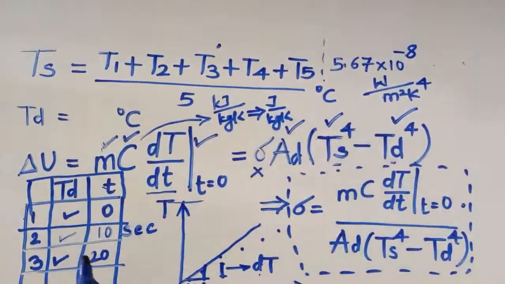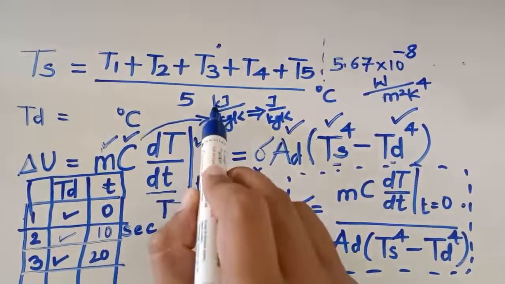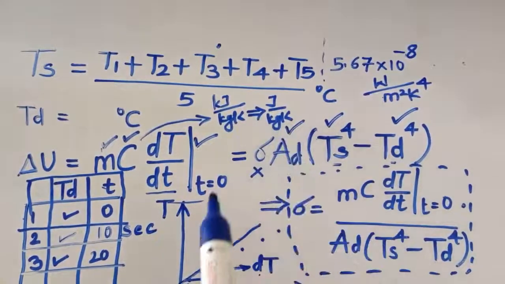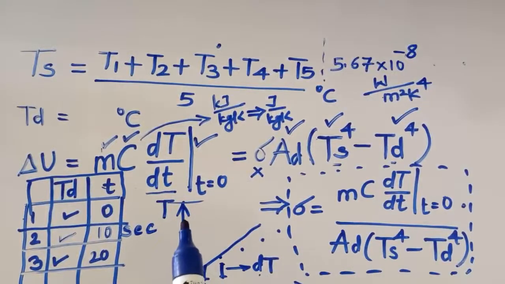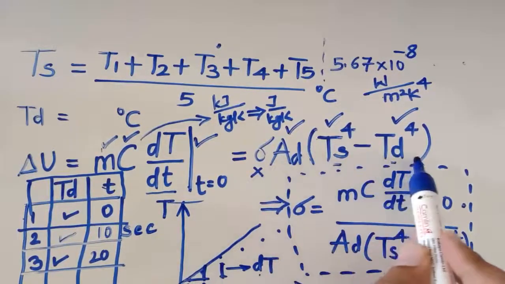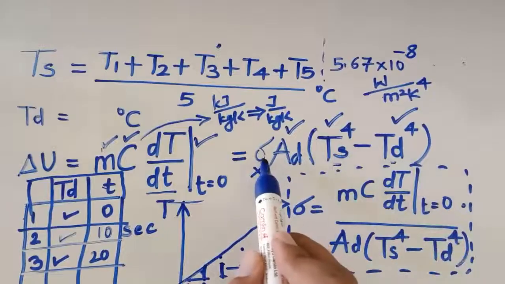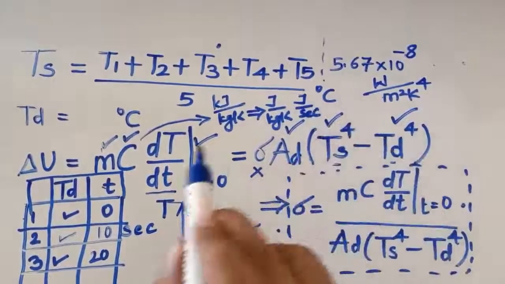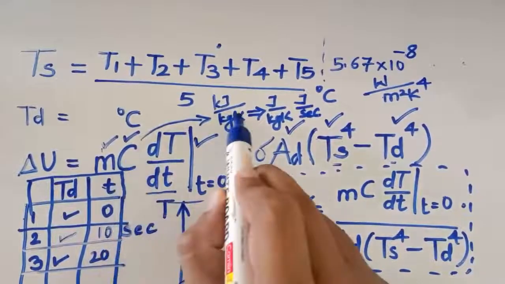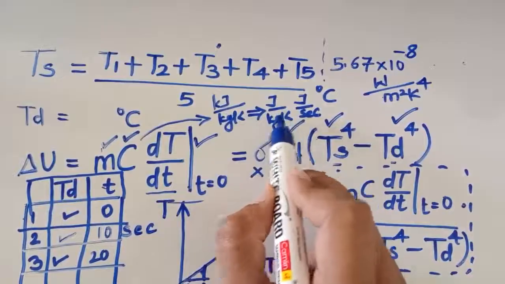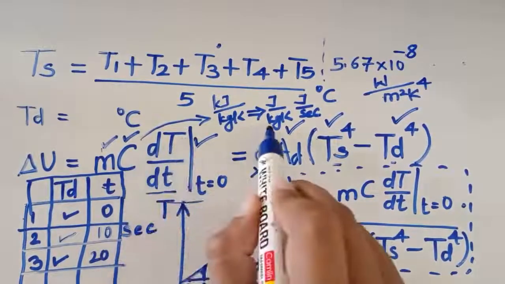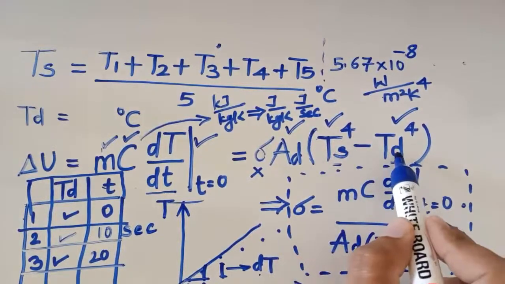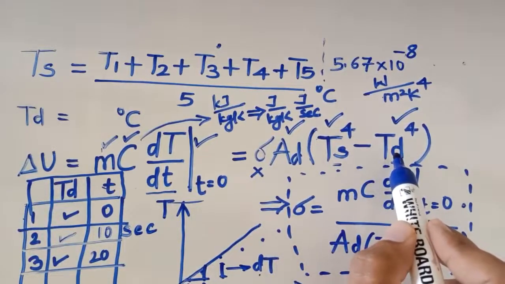It is very necessary. In general, in thermodynamics, we use kilojoule. Here we have to use joule per kg Kelvin. Why? Because the unit of heat will be watt, or whatever the heat exchange is on this side, it is happening in watt, and watt is nothing but joule per second. So always convert. If it is in kilojoule, always convert it to joule per kg Kelvin. If it is already in joule per kg Kelvin, nothing to worry about. But temperatures must be in Kelvin in this equation. If it is not done, then definitely the answer will be wrong.